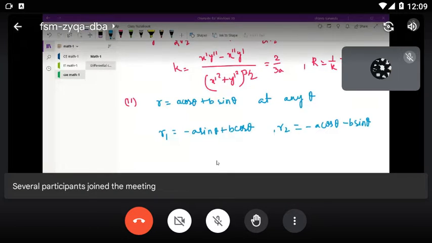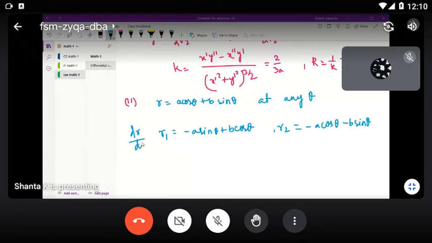So r1 is dr by d theta, and r2 is d2r by d theta square.